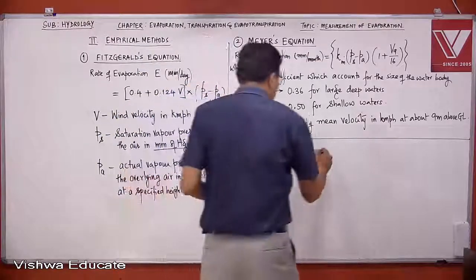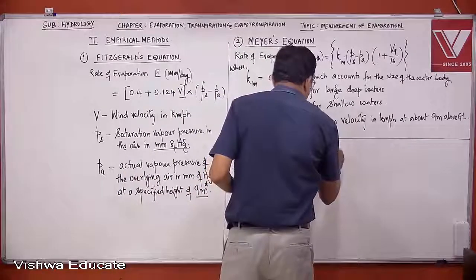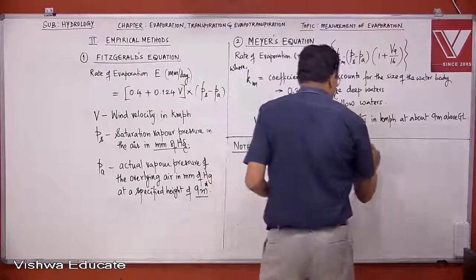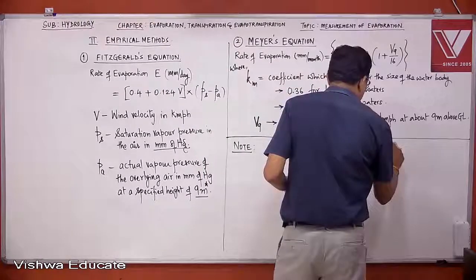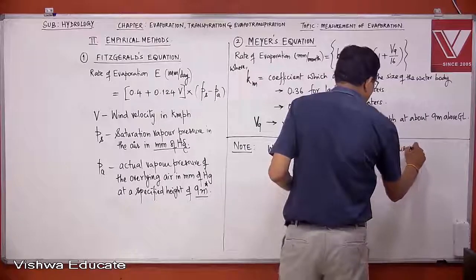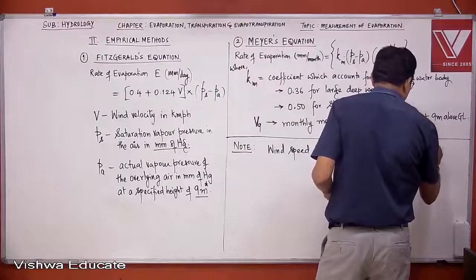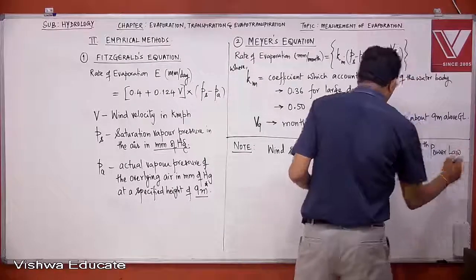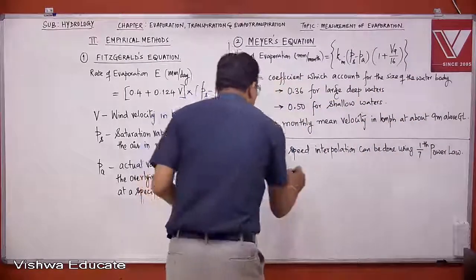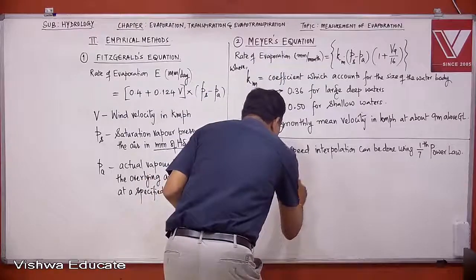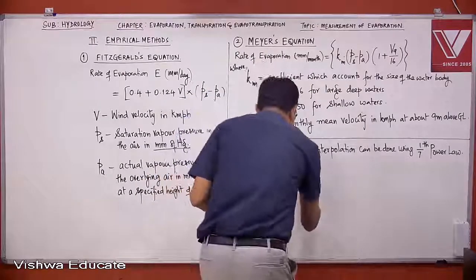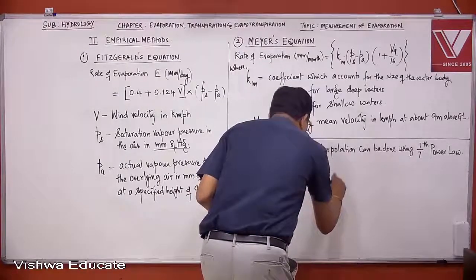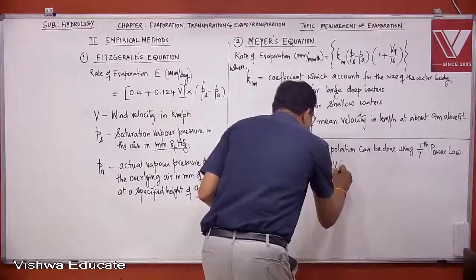So this interpolation can be done using the 1/7 power rule or law as V1 by V2 is equal to H1 by H2 to the power of 1/7.